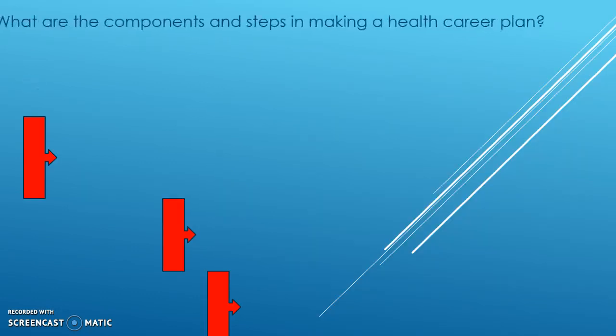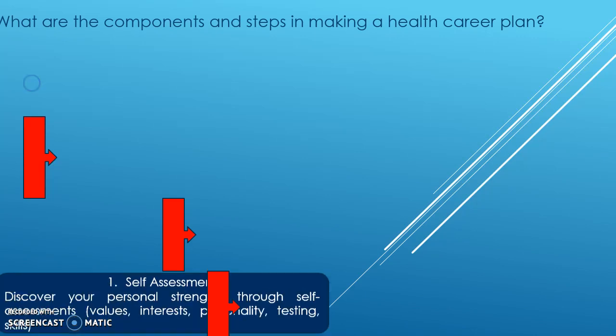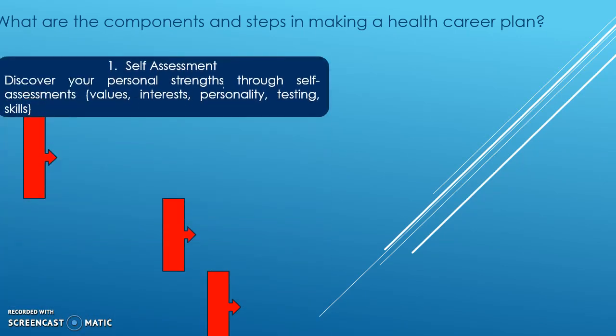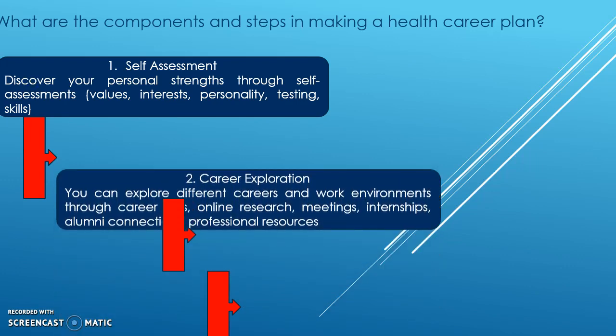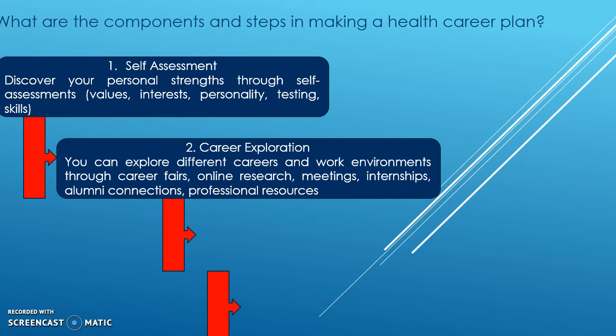So what are the components and steps in making a health career plan? We have here 4 steps. First, self-assessment. Discover your personal strength through self-assessments that would include your values, interests, personality, testing skills, and etc. Second one is career exploration.